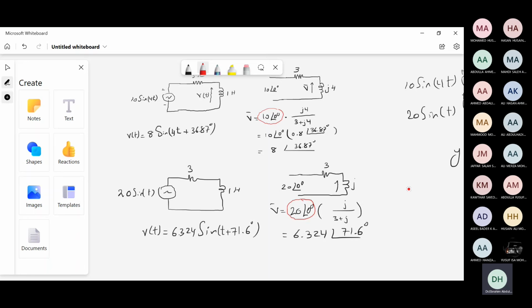It's not affecting the value of R or L. But the value of L here is equal to J4, while R is constant in both. Here it is equal to J. Why is that? Because it depends on the frequency of the supply. So in magnitude and angle, it's not affecting R and L.